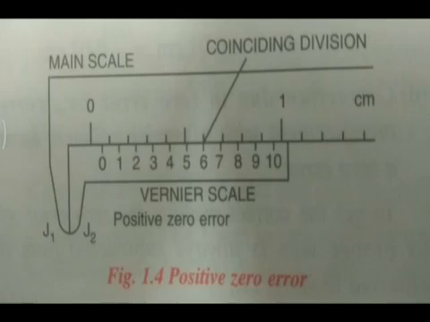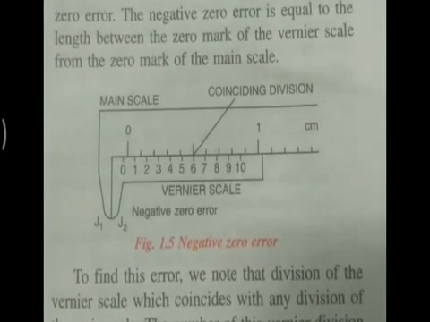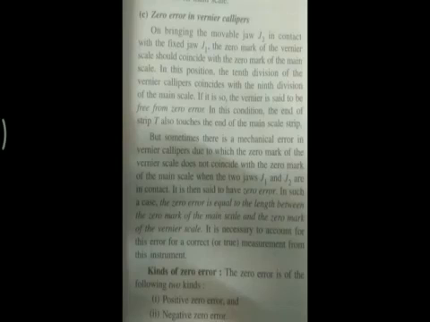Over here, the vernier scale zero is behind the zero of the main scale, right? And next we are seeing the zero is before the zero of the main scale. So both are errors, right? So you can say the vernier caliper has a zero error when both the zeros are not coinciding with each other. In such a case, the zero error is equal to the length in between the zero mark of the main scale, right?